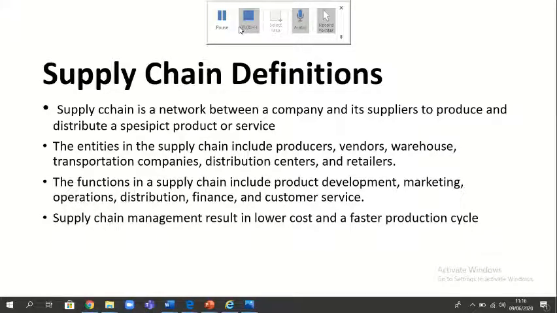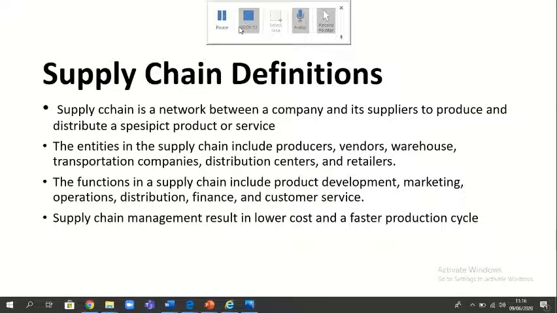Why do companies develop supply chains? Companies develop supply chains because they can reduce their costs and remain competitive in the business landscape. A supply chain involves a series of steps to get a product or service to the customer.